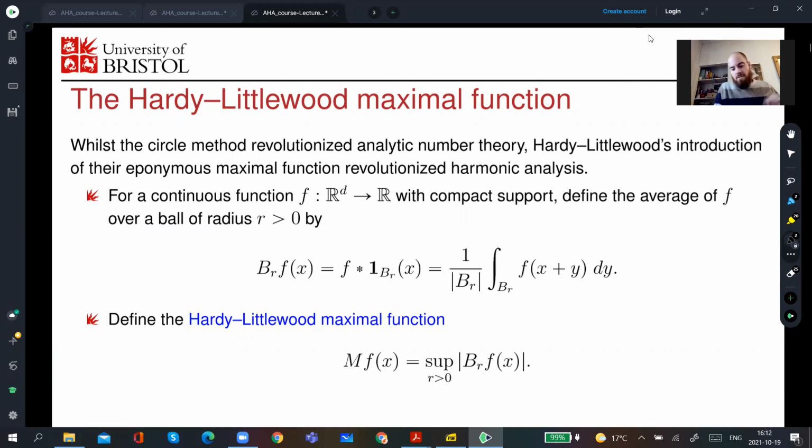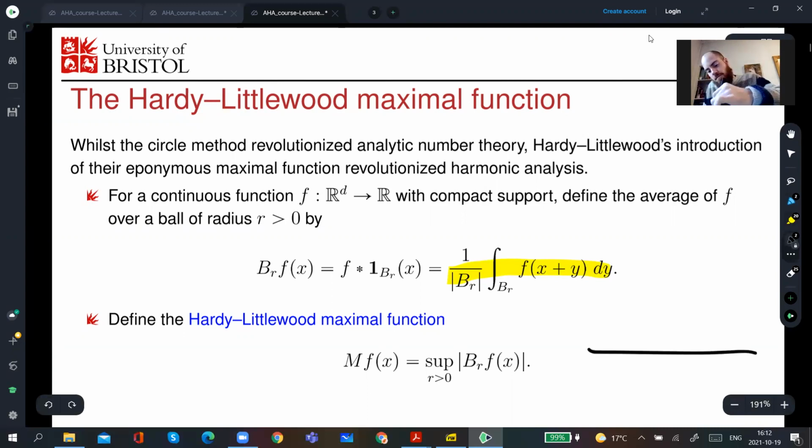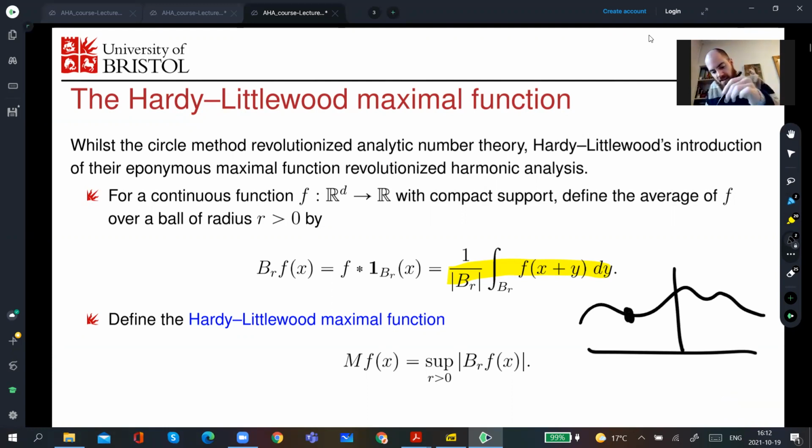Okay. In particular, you look at this integral expression, where this is Lebesgue measure. So I take my nice function, maybe it looks like a graph. I pick my favorite point x, and I pick my favorite width, say 1.